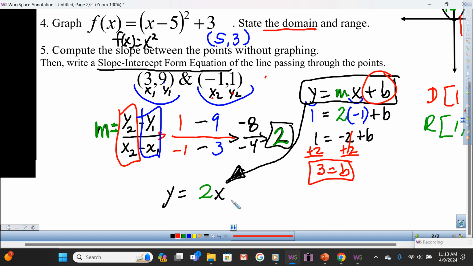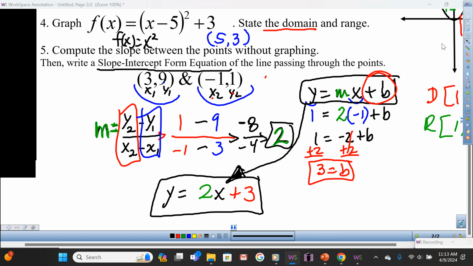Plus 3. And that's how you write a slope-intercept form equation. This should be review. Like I said, this is something you should have already done in Algebra 1 and Geometry, but I'm bringing it back. We good?